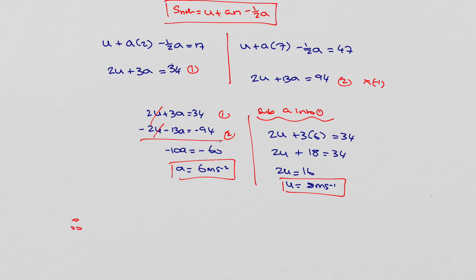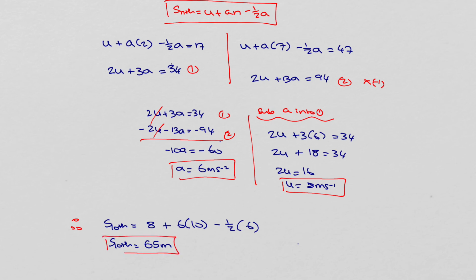So we can say for the 10th second, u is 8, a is 6, n is 10, minus a half times a is 6. So during the 10th second, we end up with 8 plus 60 minus 3. So it's 65 meters.